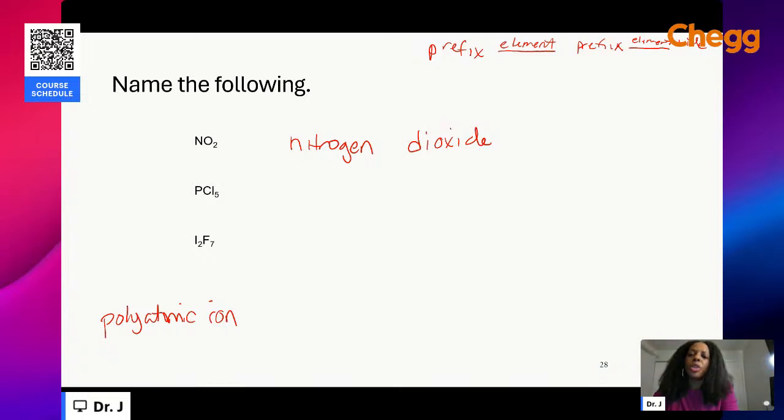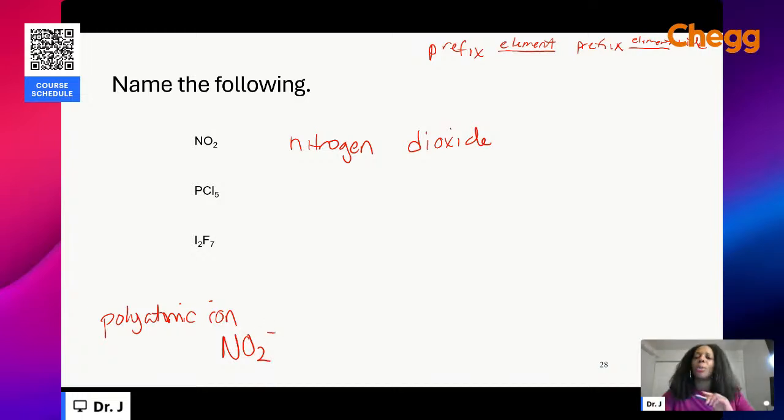Okay, notice up here there's no charge listed, right? So it's just NO2. So that is a compound without a charge. It's neutral. This is considered a molecular compound. The nitrite, which you're thinking about, that is NO2 with a negative charge. So NO2 minus.